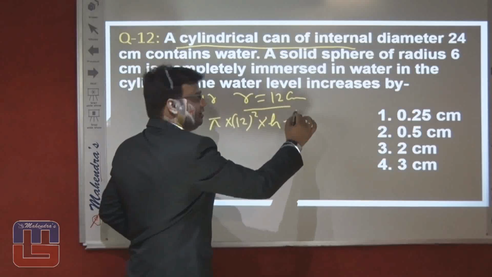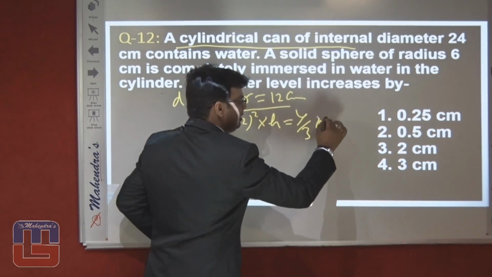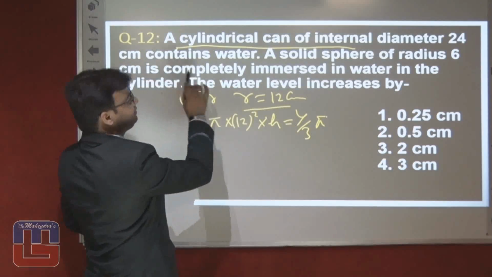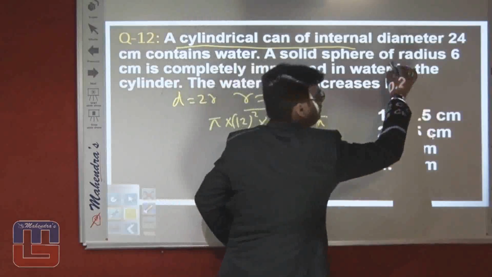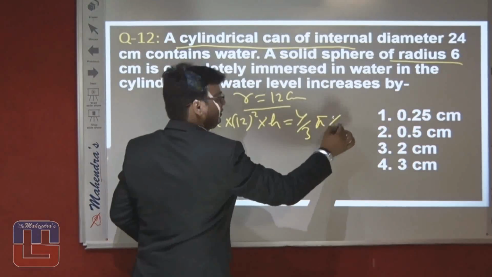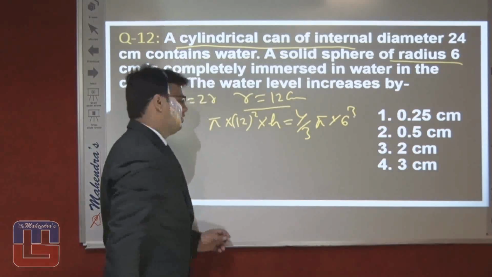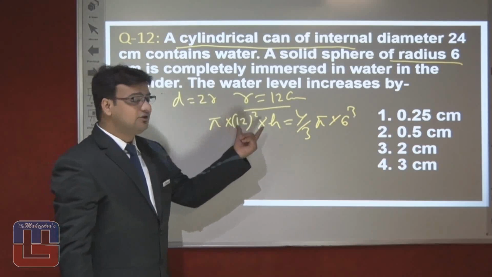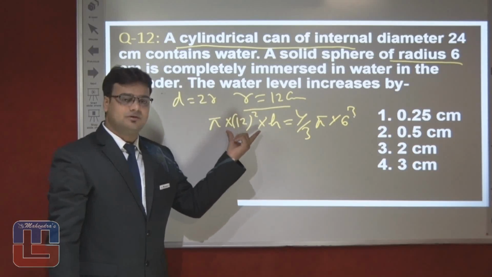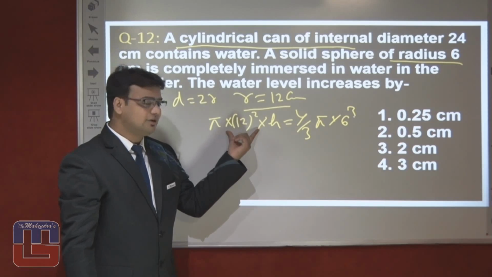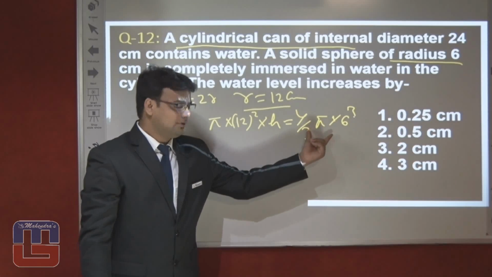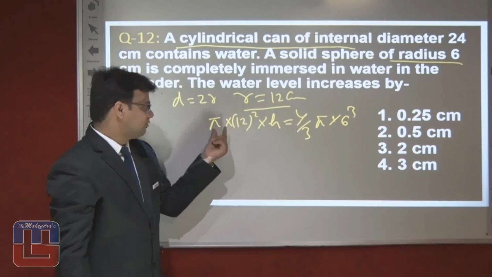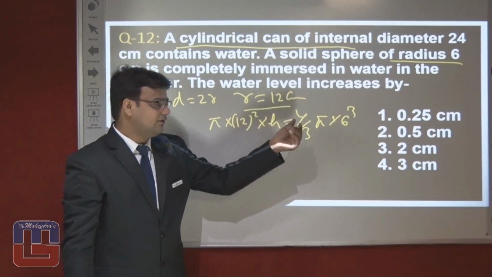For a sphere it is 4 by 3 pi r cube, where r is the radius of the sphere, 6 centimeters, that means into 6 cube. The volume of the cylinder, that means the replaced water, is equal to the volume of the solid sphere. That means pi 12 square into h is equal to that.